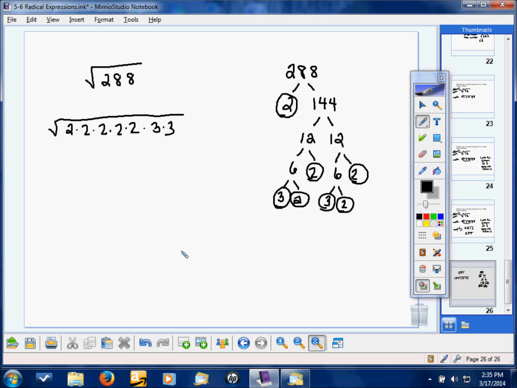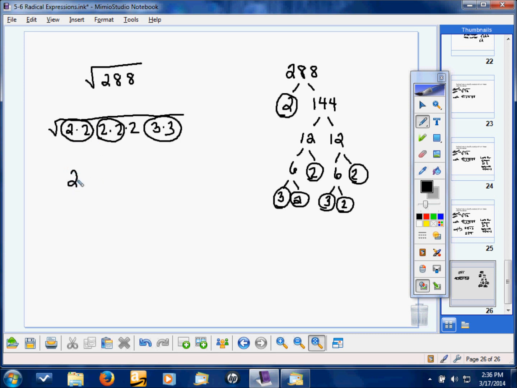Okay? So now that we rewrote it, what do we look for? Pairs. There's 1, 2, the lonely 2 by itself. So for each, stay with me. Each one of these pairs, you bring out 1.